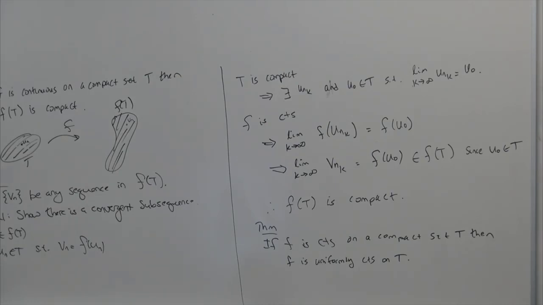Okay, and what is uniform continuity? How is that different from normal continuity?